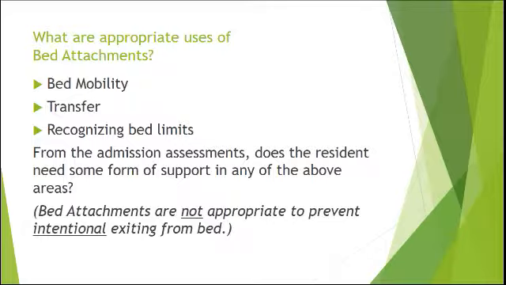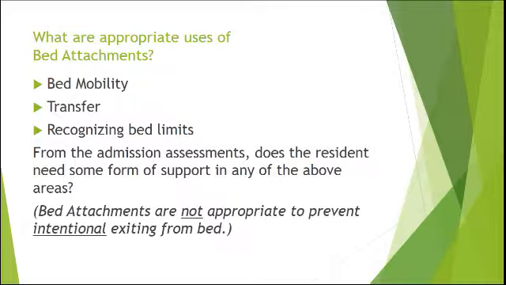Now, let's bear in mind that bed attachments, side rails, halos, etc., are really not appropriate to use to prevent intentional exiting from the bed. A half side rail is really not the most effective means to keep someone in their bed who is trying to get out, who is unsafe to exit independently.